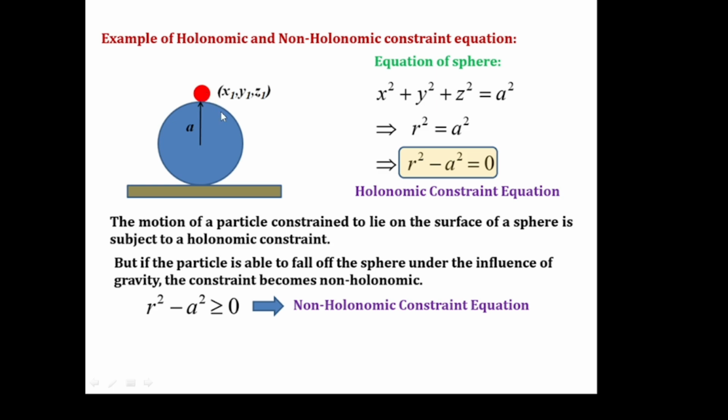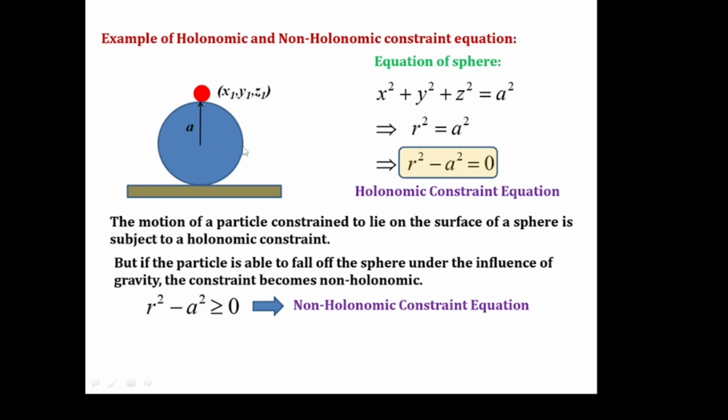Suppose at another time the ball is in this position, then this equation is also valid, that is r square minus a square is equal to 0. And suppose the ball is here and the position is x3, y3 and z3. Then also this equation is valid, r square minus a square is equal to 0.